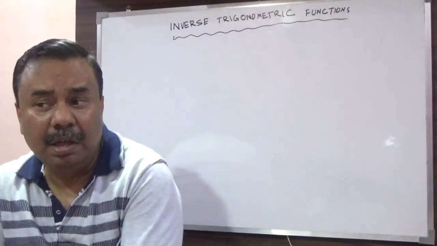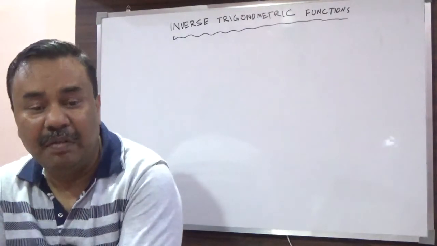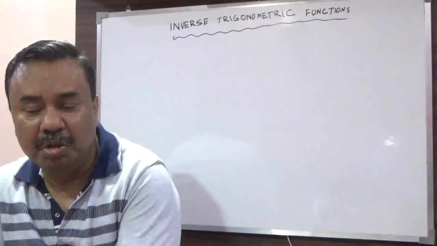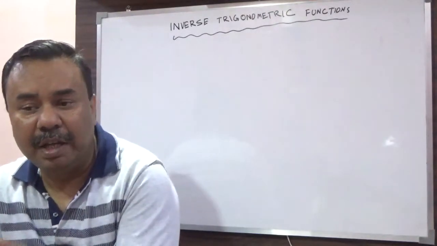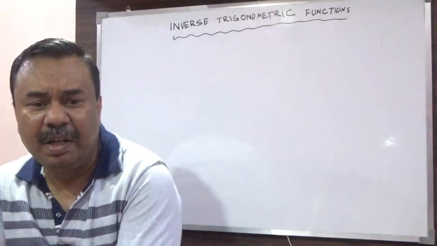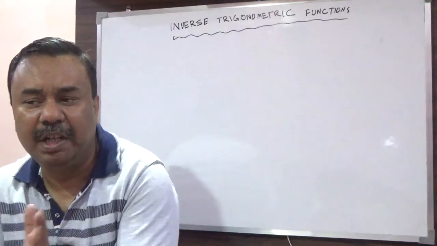All of you must be aware of the trigonometric values or ratios. Earlier you studied some specific angles like 0 degree, 30 degree, 45 degree, 60 degree and 90 degree.